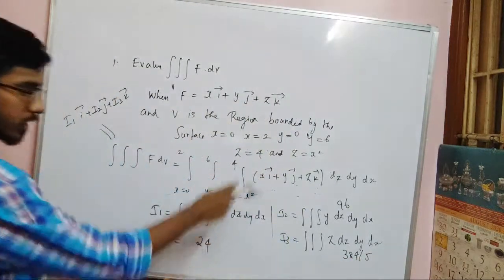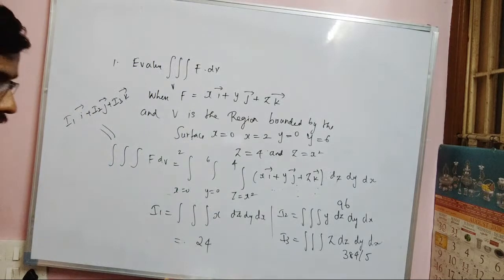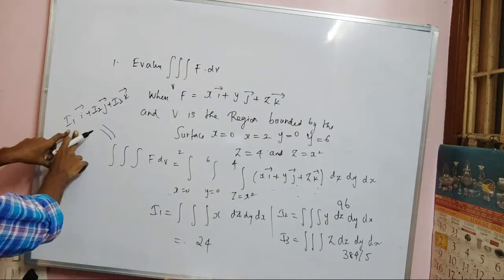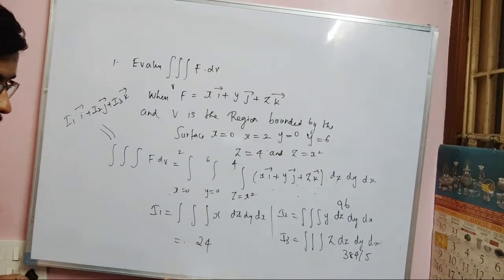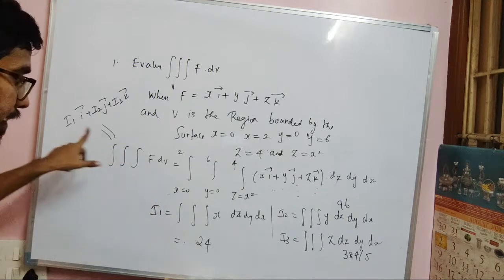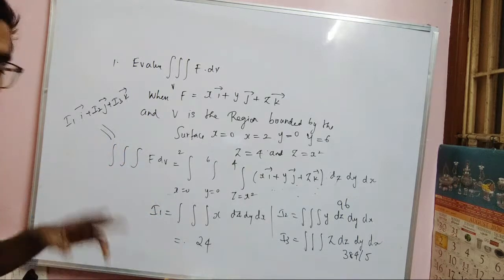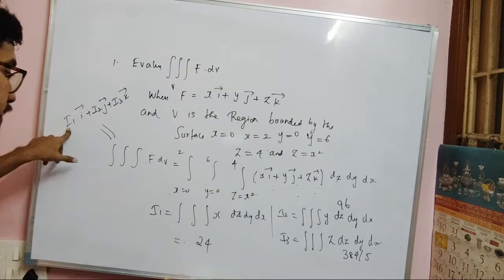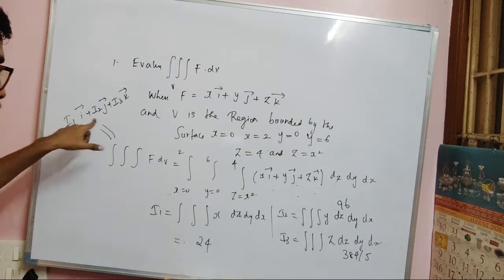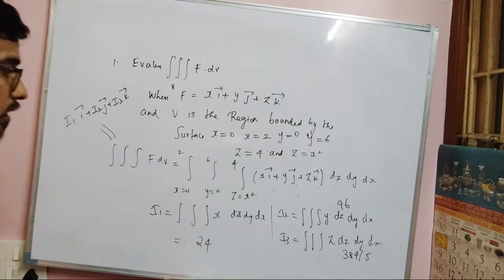So I1 is 24, I2 is 96, I3 is 384 by 5. Substituting, we get 24 i vector plus 96 j vector plus 384 by 5 k vector.